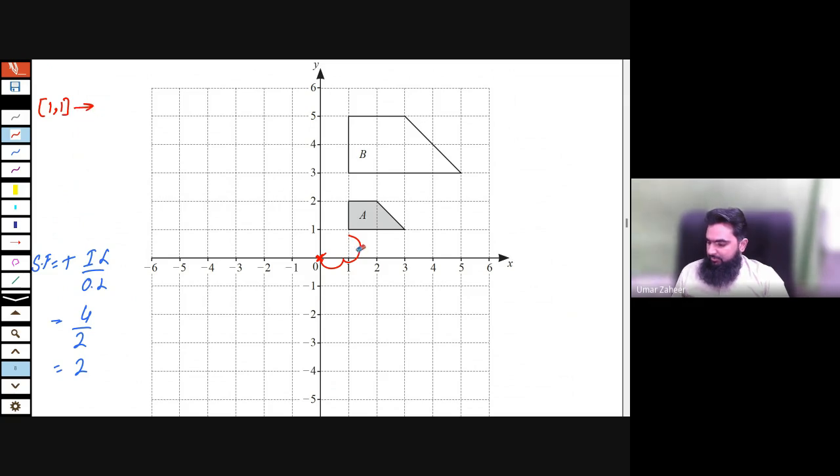So 1 comma 1, then 3 comma 1, then 1 comma 2: 1 to the right side, so positive 1, 2 upward, positive 2. Now 2 points towards the right side, 2 points upward. So 2 comma 2.